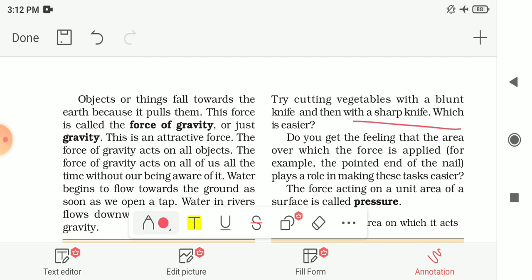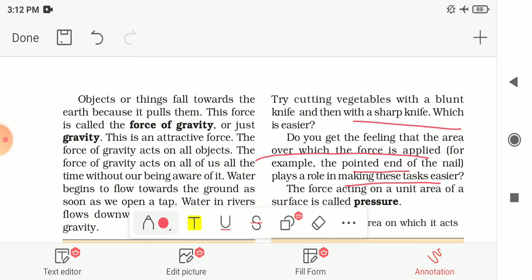Obviously, cutting the vegetables with a sharp knife is easier compared to the blunt knife. Did you get the feeling that the area over which the force is applied plays a role? In the example of the nail and wooden plank, the force is applied on the pointed end, and in the knife it is applied on the sharp edge of the knife. It plays a role in making this task easier.